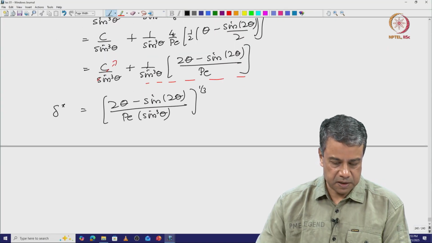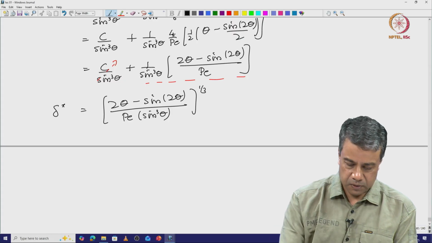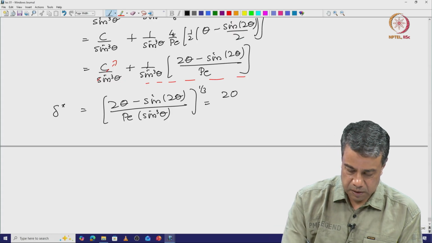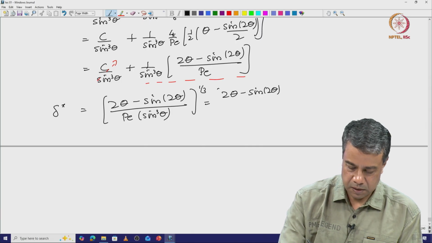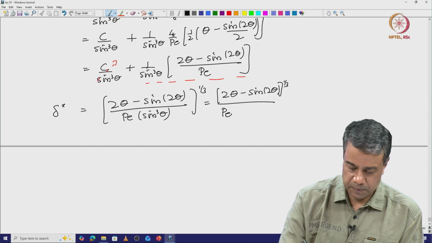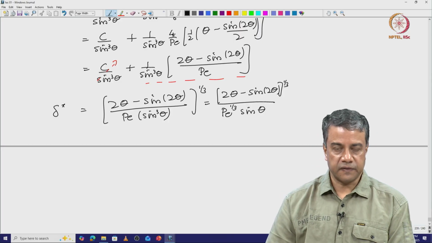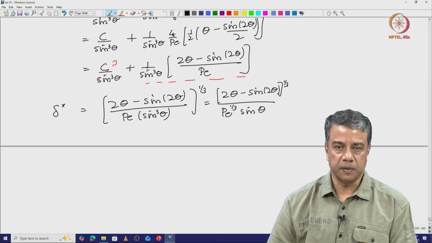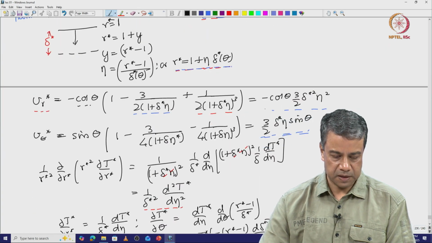So that is the expression for the boundary layer thickness. This is equal to (2 theta minus sine of 2 theta) to the 1/3 power, by Pe to the power 1/3 sine theta. This is finite in the limit as theta goes to 0 at the upstream stagnation point, as I told you.